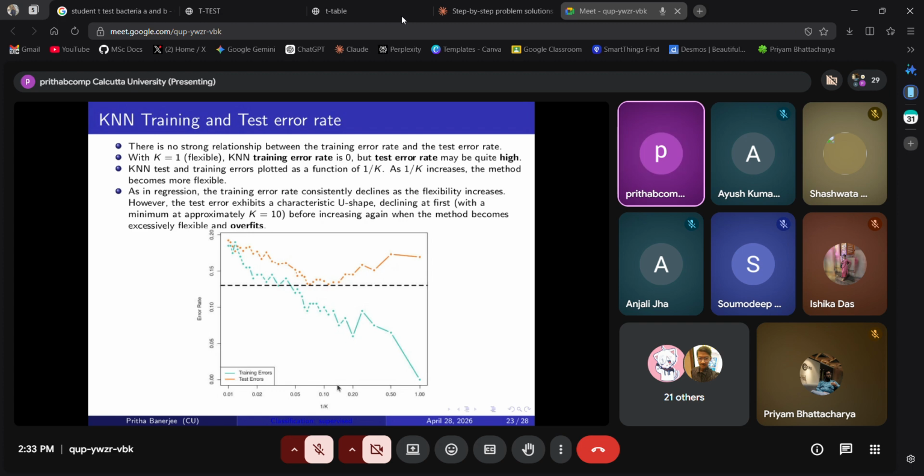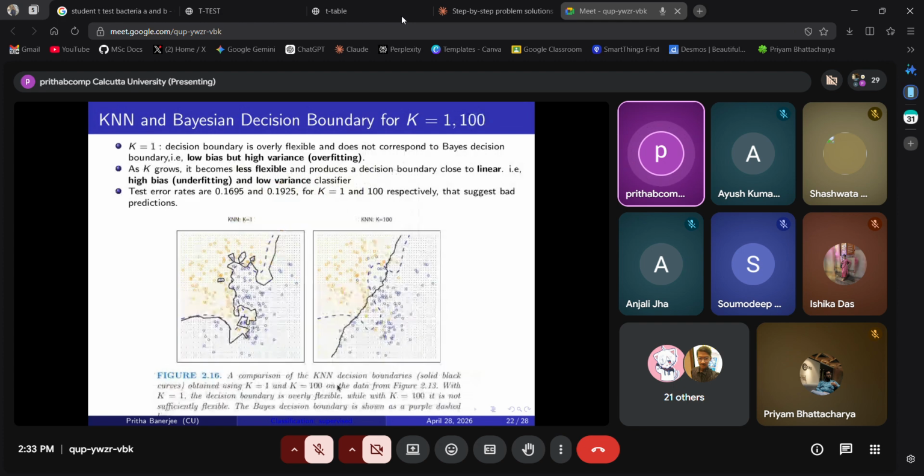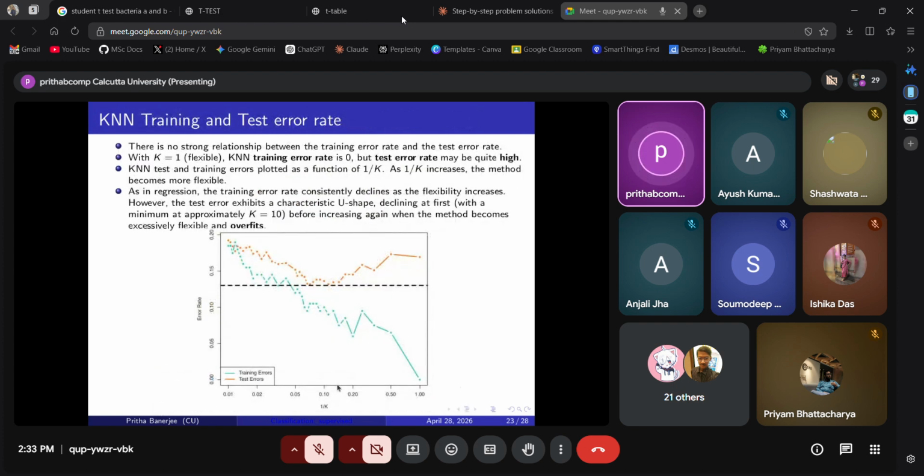Then we saw how to choose the K value for KNN, and what could be a good value of K. We also saw how the training and test error rates for KNN vary depending on the values of K. If you take K between some 5 to 10, it gives more or less a good result, and you have to do this trial and error to see the error rates with respect to the choice of the number of points in the neighborhood.